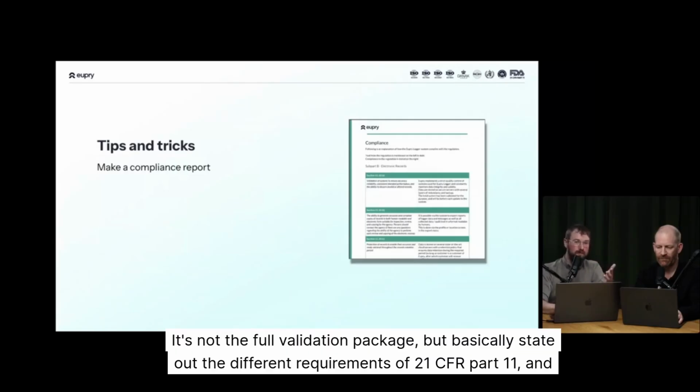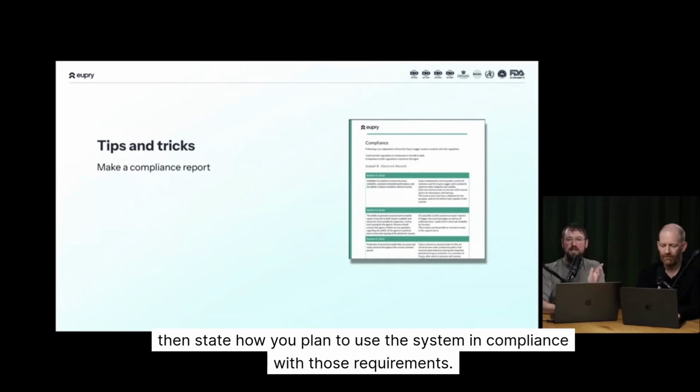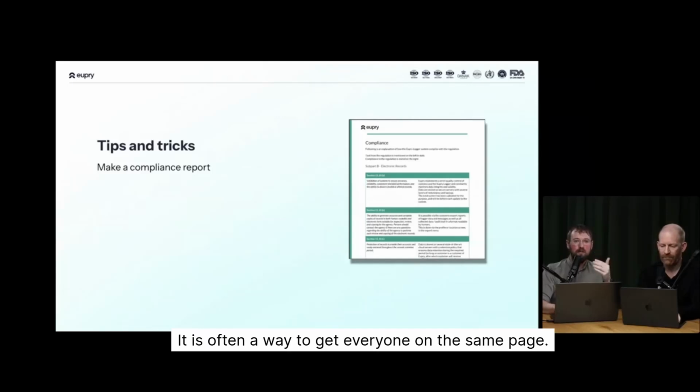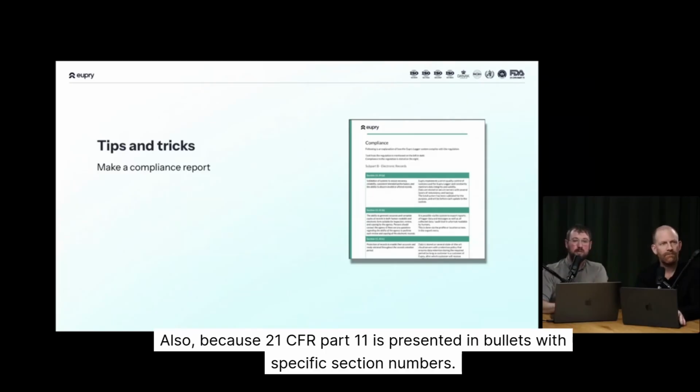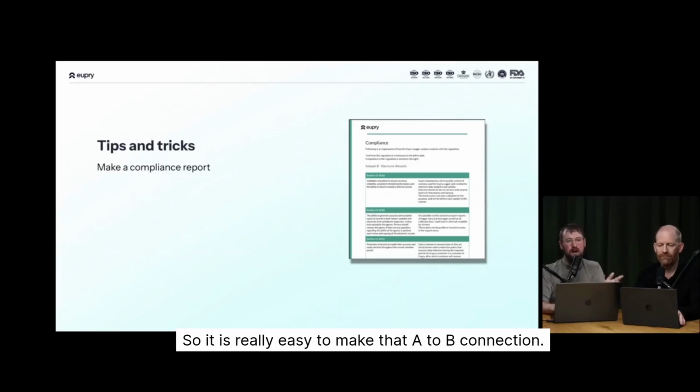It's not the full validation package, but it states the different requirements of 21 CFR Part 11, and then states how you plan to use this system in compliance with those requirements. It is often a way to get everyone on the same page. How do we handle all these specific requirements? Also, because 21 CFR Part 11 is presented in bullets with specific section numbers, it is really easy to make that A to B connection.